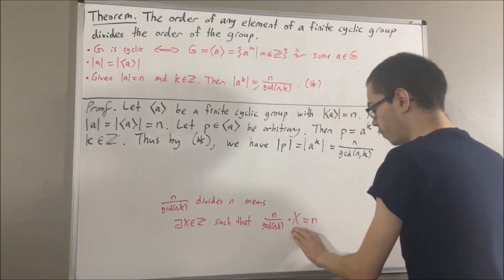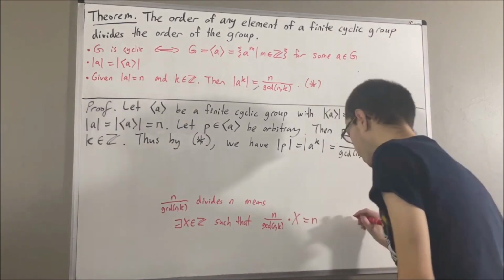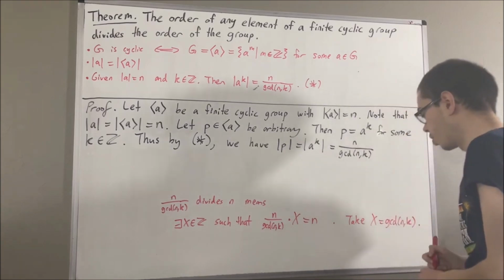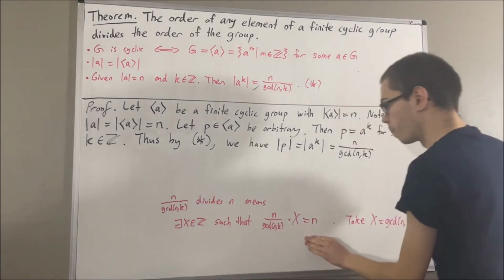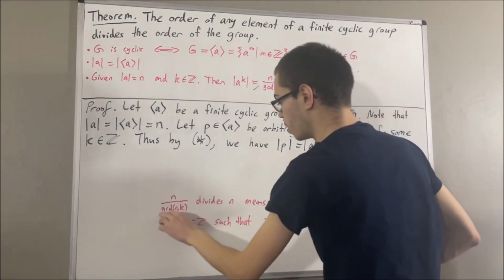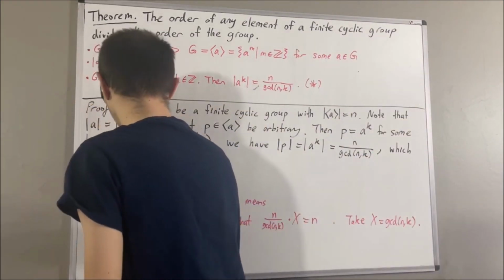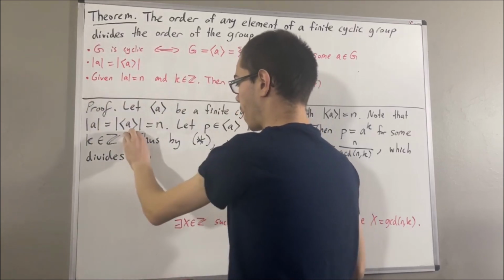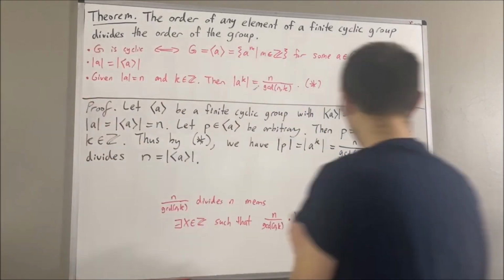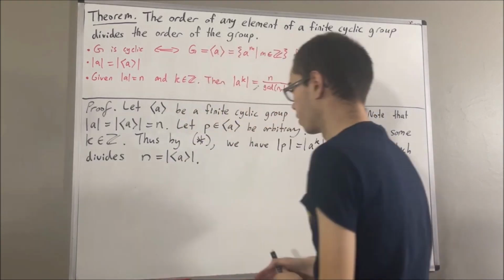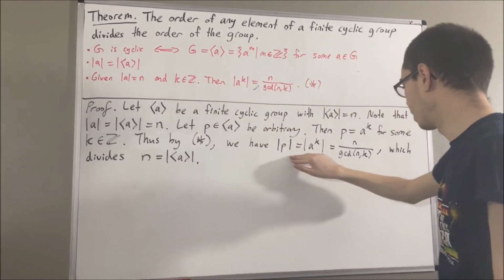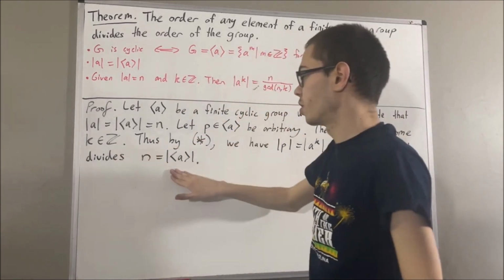Just take x to be the GCD of n and k. So indeed, this is true, so we can conclude that n over GCD of n and k divides n. And n is the order of our group. So this shows that the order of P divides the order of our group.